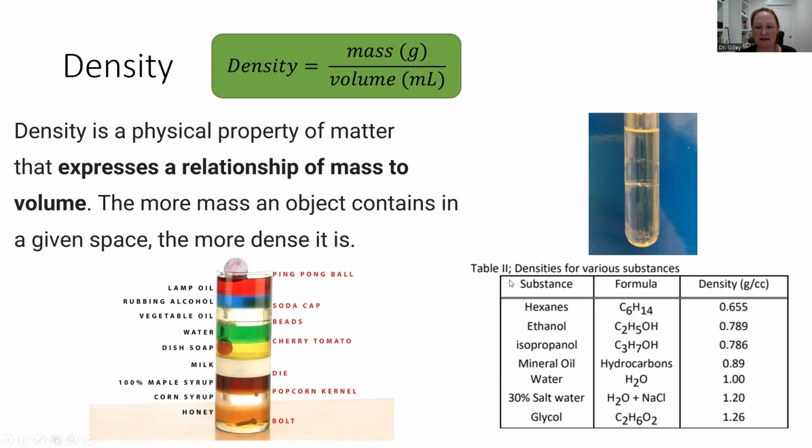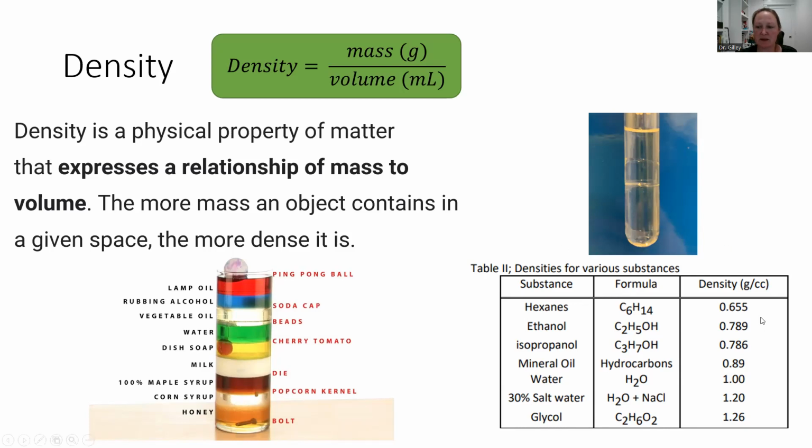And here's all the possibilities for the liquids that it might be. We're also going to compare the densities that we calculate with this table to determine what the identity of the three substances A, B, and C are, right?